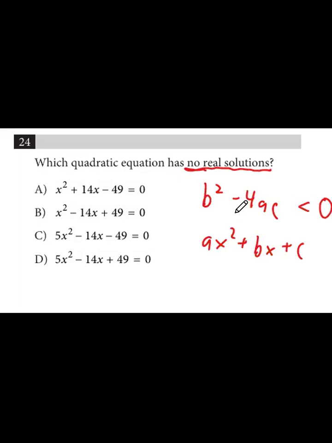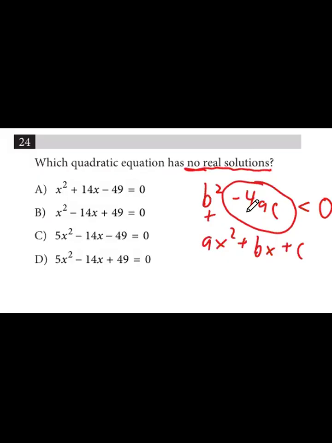So for this to be negative, we need the 4ac term to be as large as possible. So we can just look at these answers and see which one would get us the most negative value. In that case, we would want a to be a large positive value because we already have the negative from the negative 4.